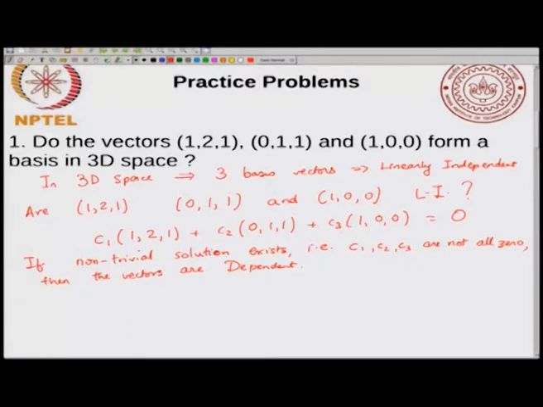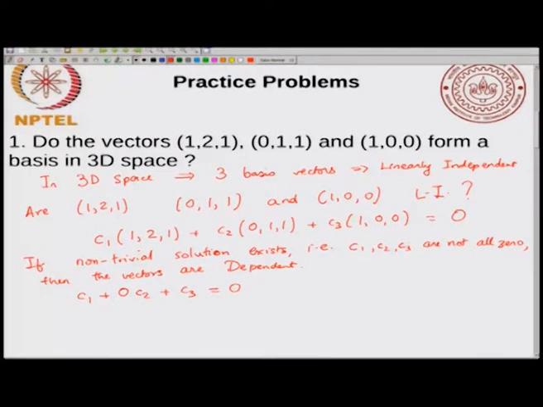Now, this condition is actually a set of 3 equations, because this is a vector equation. If you look at the x component, you have C1 here, you have 0 C2 here and C3 here, and this should be equal to 0.